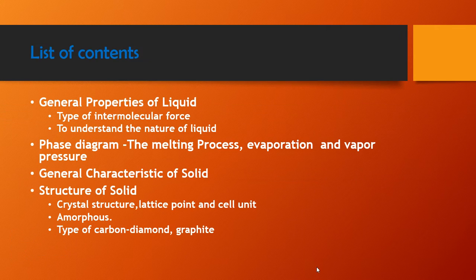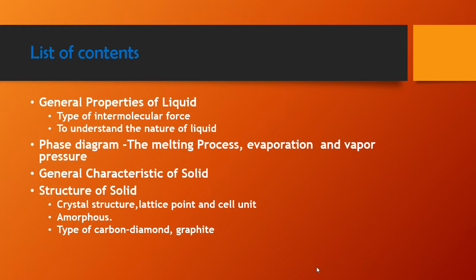So we move on to the list of contents. This is the overall discussion of our lecture. First, we talk about the general properties of liquid and the types of intermolecular force to understand the nature of liquid. Then we move to the phase diagram, the melting process, evaporation, and vapor pressure.